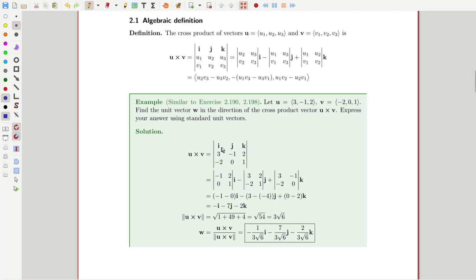When we expand this out, let me just slowly talk through this. The determinant corresponding to i involves these 4 entries. The determinant for j involves these entries, and for k involves these 4 entries. The sign alternation happens, so plus minus plus when we expand along the top row.